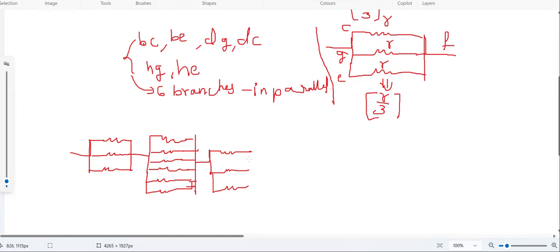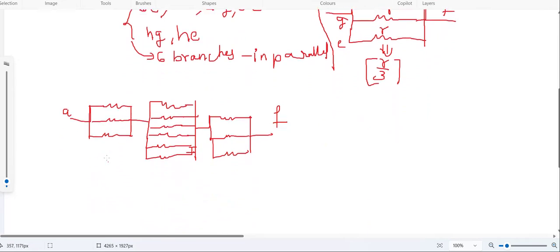What are these 3, right? So here it is A, this is A, this is A. For this, it's going to be R by 3. All the 3 are going to be in series: R by 3, R by 6, and again R by 3. This is the effective resistance.